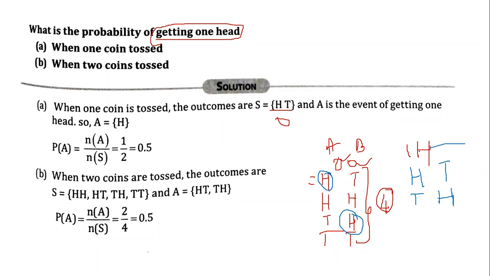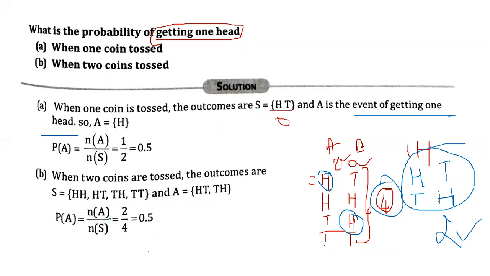In these two cases, we are exactly getting one head. Okay, so out of total four results that might come in this experiment, for me what is favorable is two cases. So probability of the event A, what is the event A? Event A is getting one head.